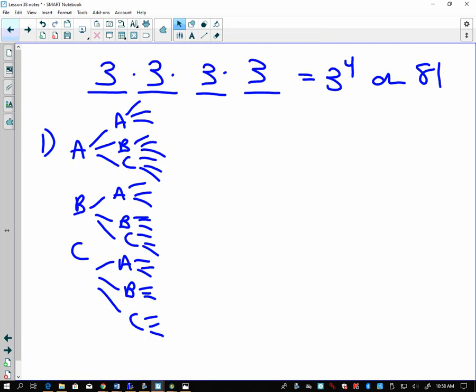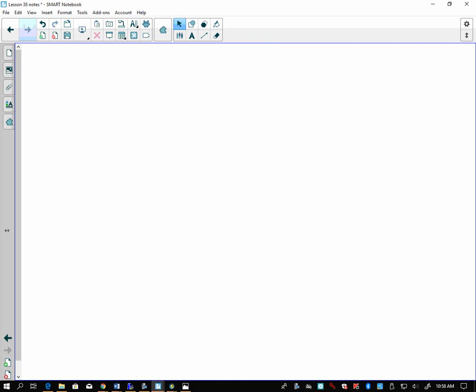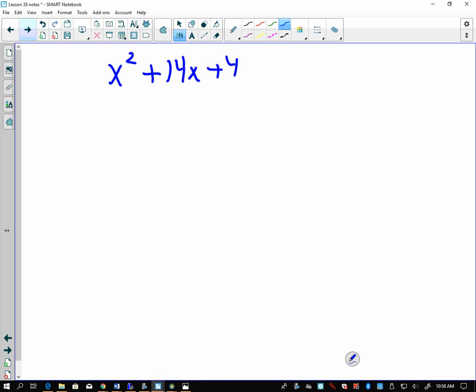Okay. Going back here for a second. Questions 3 and 4. The reason I said that these are way easier than they appear to be is because it's the reverse of solving the quadratic formula. Okay? We work our way back up from the bottom. Okay? So what we're used to doing is seeing a question like x squared plus, I don't know, let's see, 14x plus 49, right?